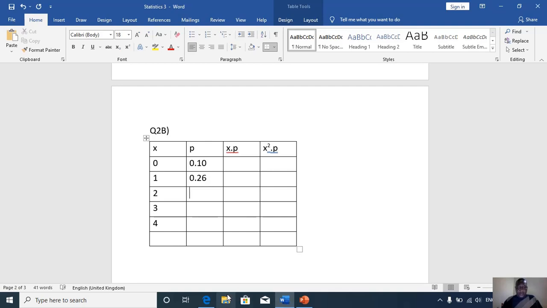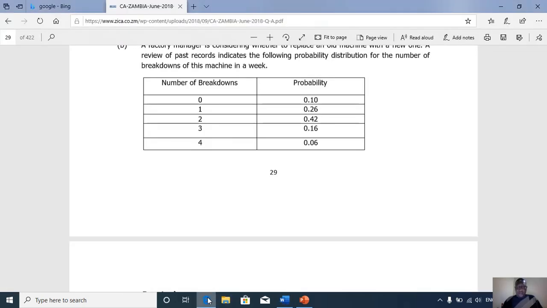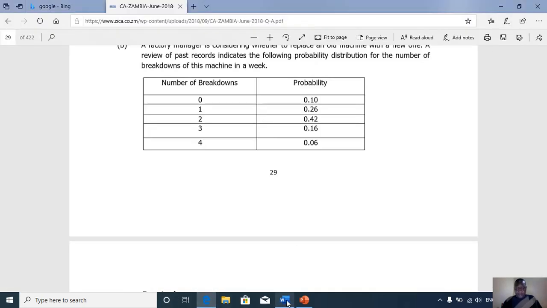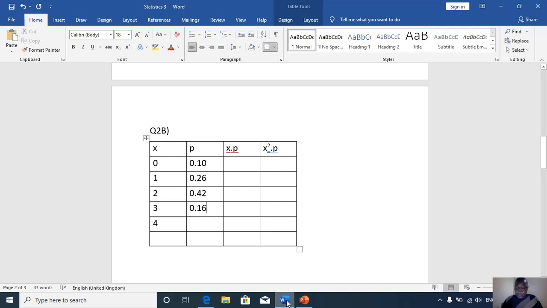The third one is 0.42, and the next one is 0.16. And the last one there is 0.06.